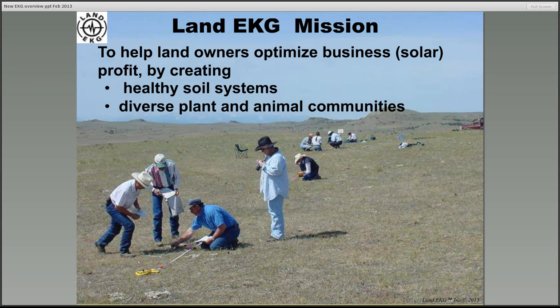So a big part of our mission really is to help landowners and land stewards optimize their solar profit for their businesses. And we've found that that whole thing comes down to effectively trying to create healthy soil systems with diverse plant and animal communities.